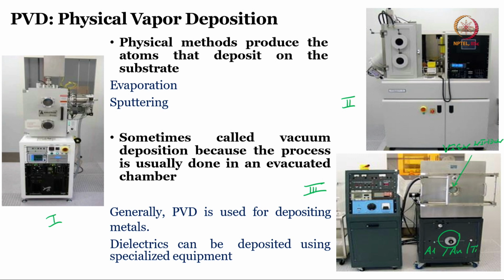So, there can be one, two, three or four materials. So, this is a knob for changing the different kinds of material. We can have two or three different source materials, okay, not substrates. The substrate remains on the top, these are source materials. So, we can select any source material depending on which material you want to deposit onto the substrate.